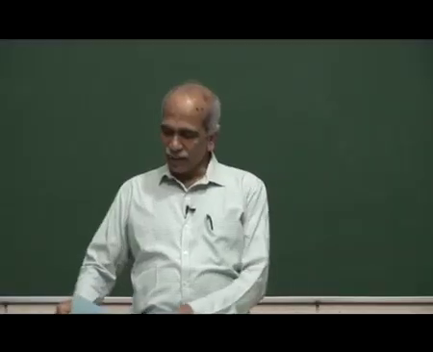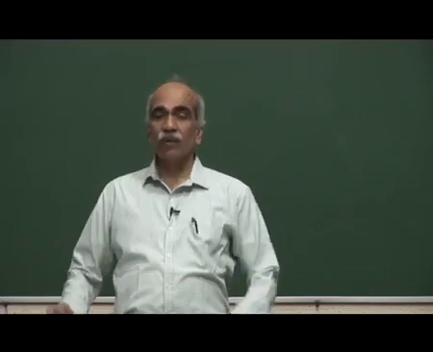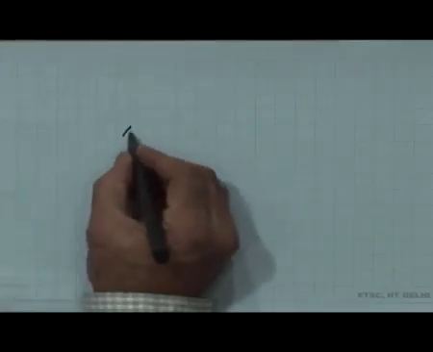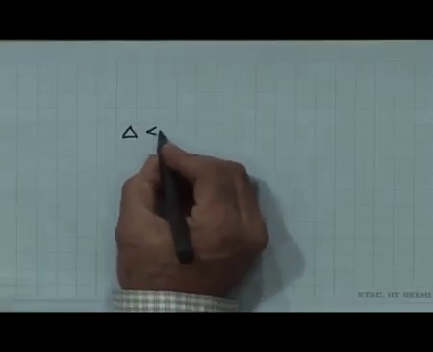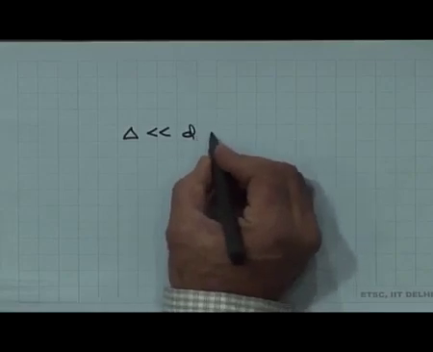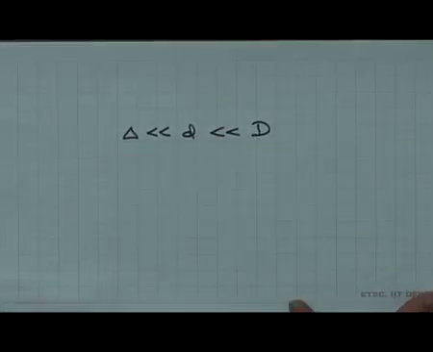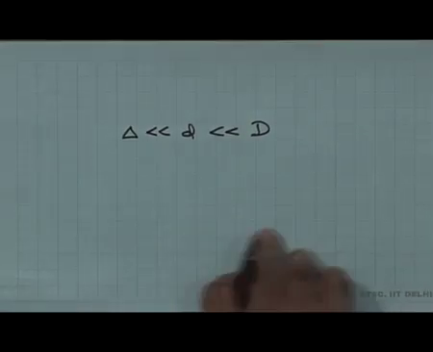We get linear fringes like this when the path difference delta is much smaller than d, which is much smaller than capital D. Under this assumption, we get linear fringes like this.